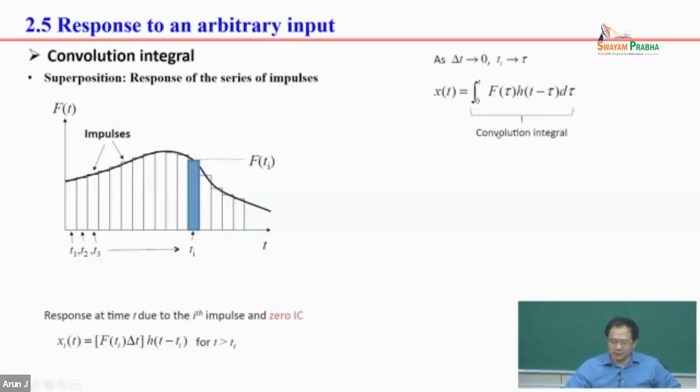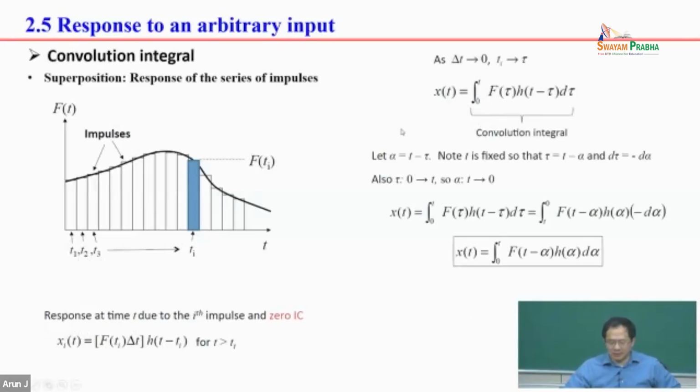That is a convolution. So the arbitrary force input F(t), convolved with the impulse response, gives the arbitrary output.